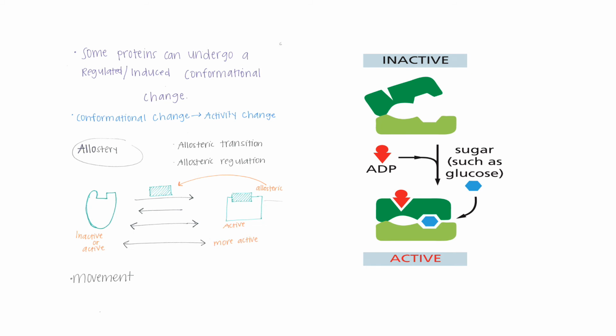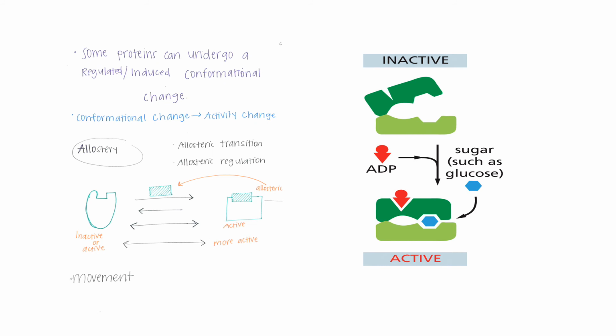Here it's showing just some protein that binds sugar, like glucose. And it's showing that it's inactive on the top, but it's activated by ADP. And when the ADP binds, it causes an allosteric conformational change that allows it to bind sugar.